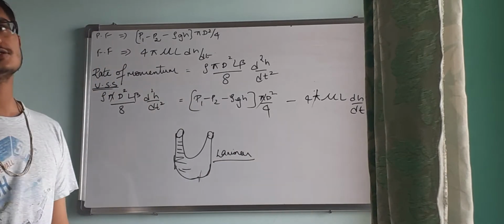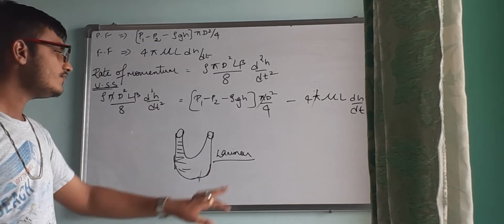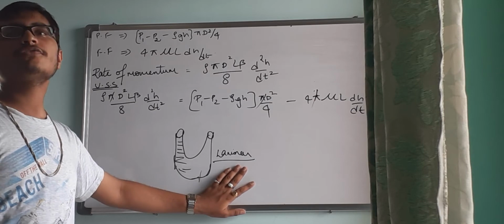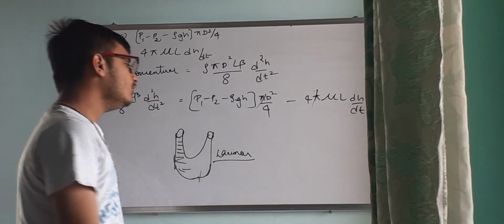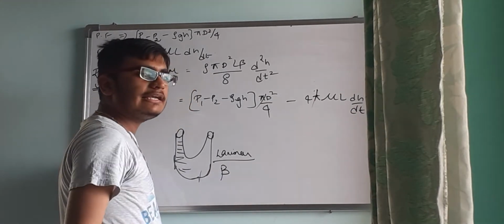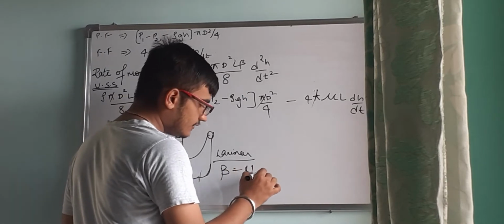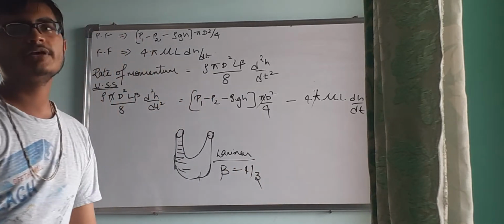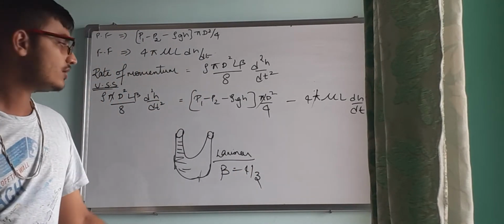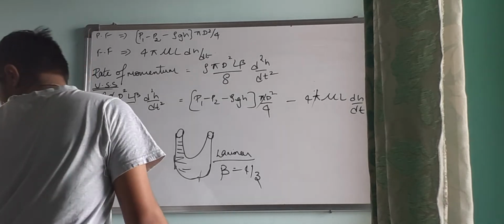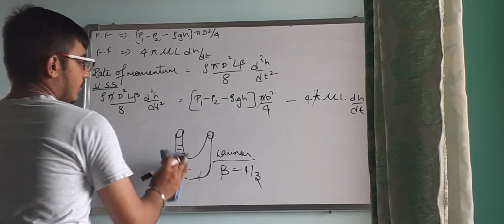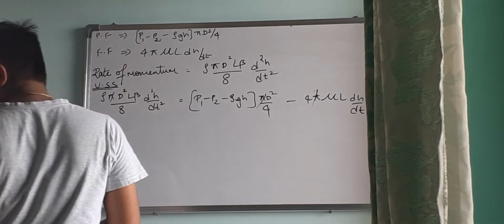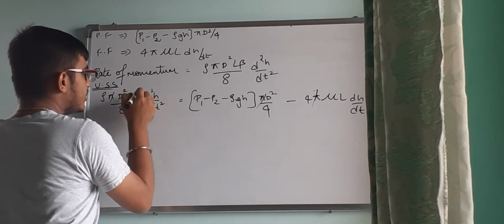Yes, it is laminar flow. So for laminar flow, from your fluid mechanics, the momentum correction factor beta is always given as 4 by 3. So for laminar flow, beta is equal to 4 by 3. So substitute here 4 by 3.